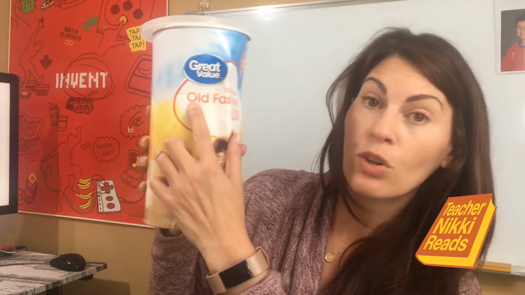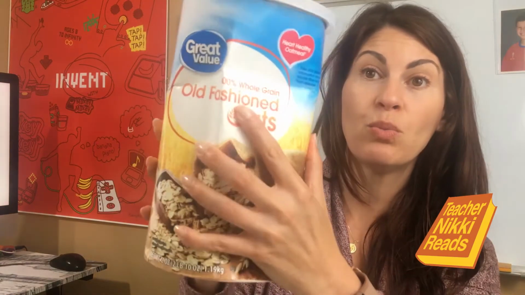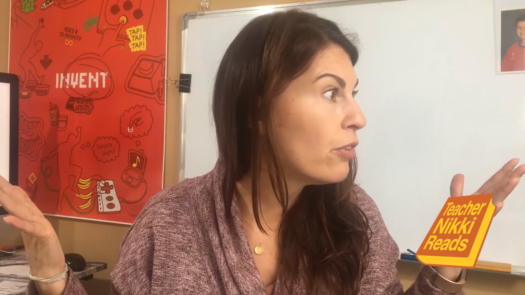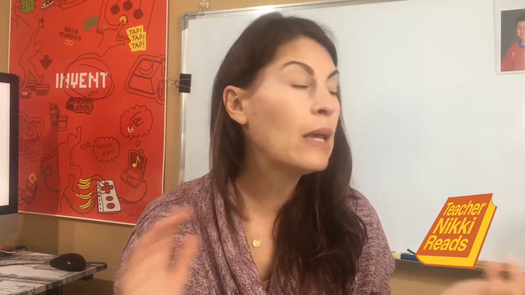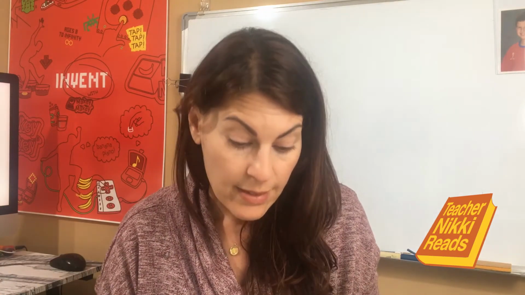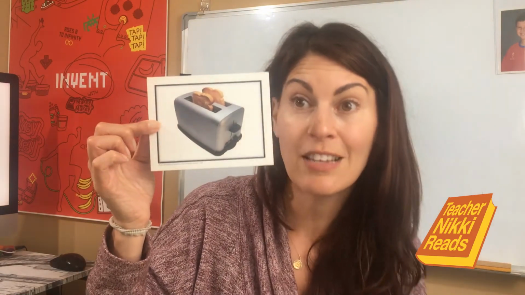There are words everywhere, on cereal boxes and on labels. Find all the words in your house that start with O, or find some things that start with the letter O.